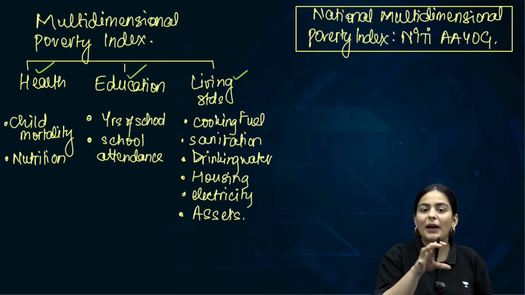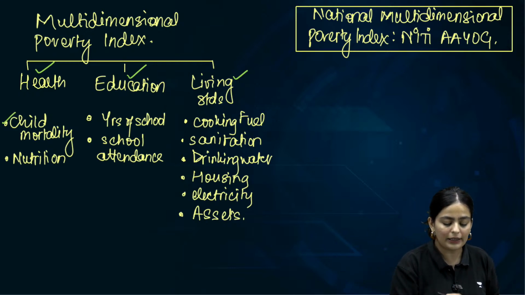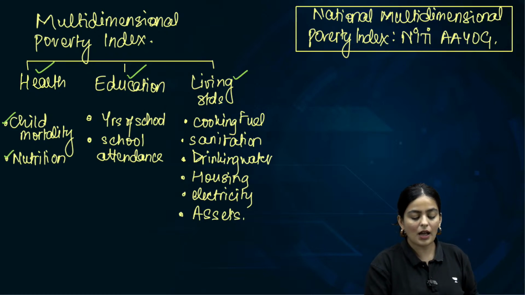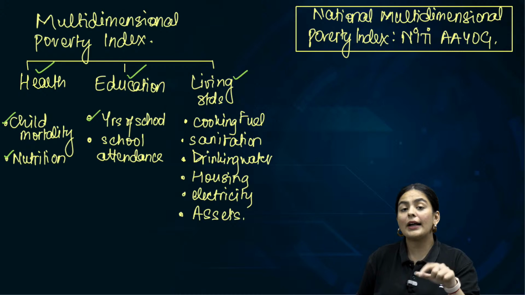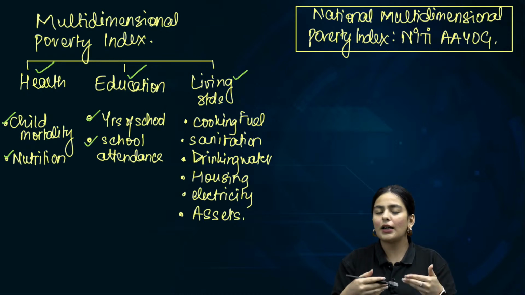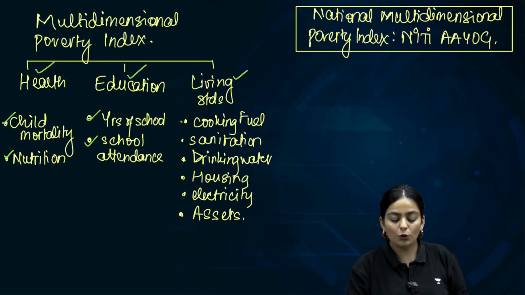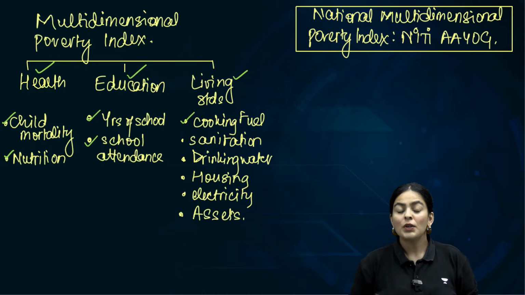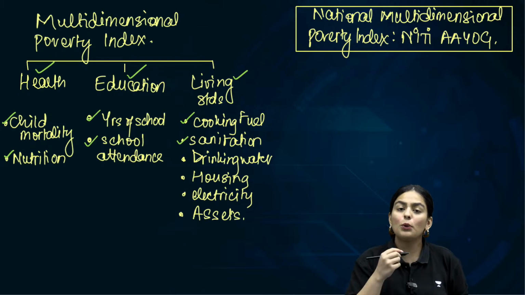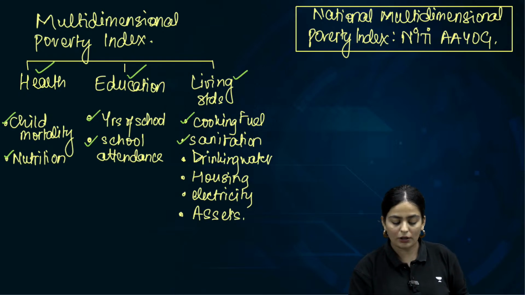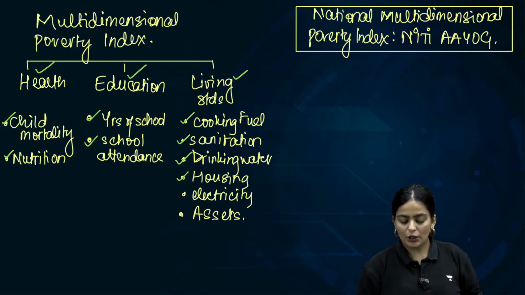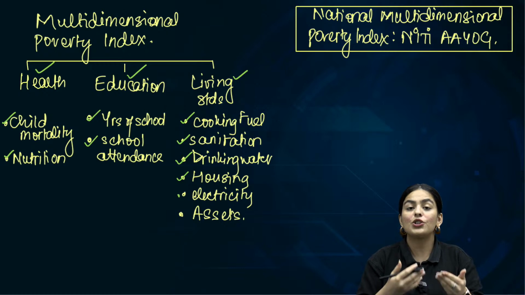So in health, the parameters are child mortality and nutrition. In education, the parameters are years of schooling and school attendance. Clear? And in living standards, there are other parameters such as: do you have access to cooking fuel? Clean sanitation? Drinking water? A house, that is, shelter?